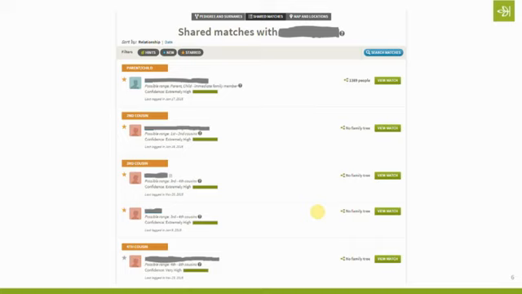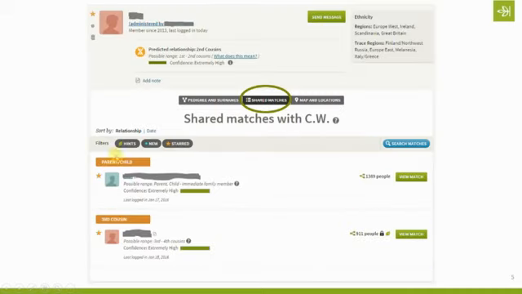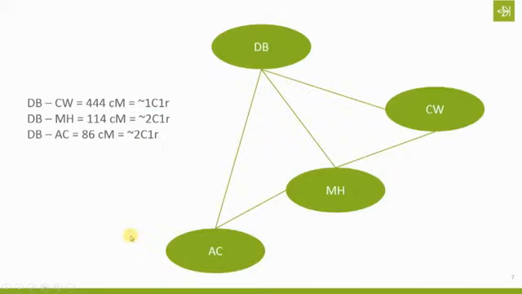I just created a person, started building their tree. So I've got this person now in the tree, and I'm building out their ancestry, trying to see if I can find common ancestry between this third cousin match and this third cousin match. And eventually, you're going to start to make some of those connections.